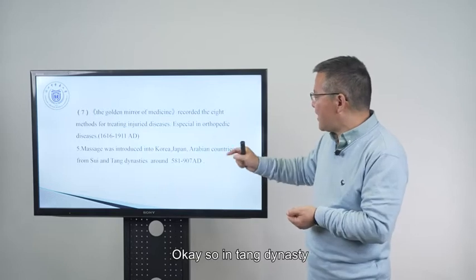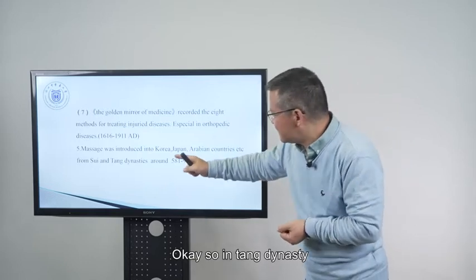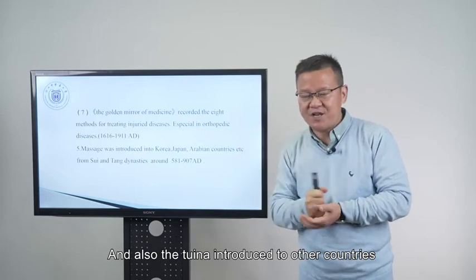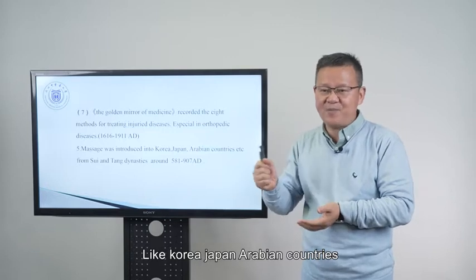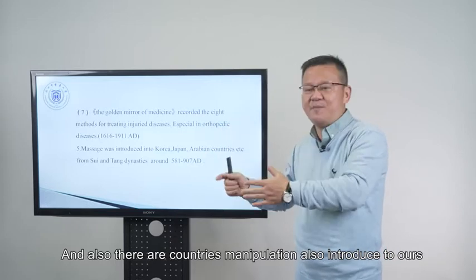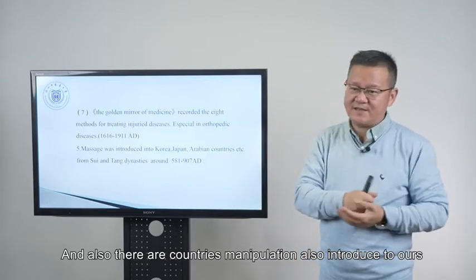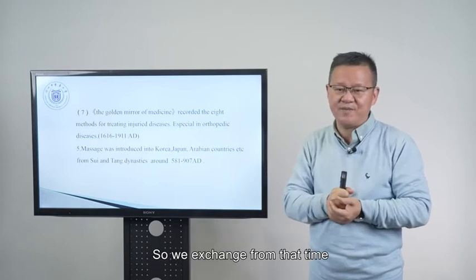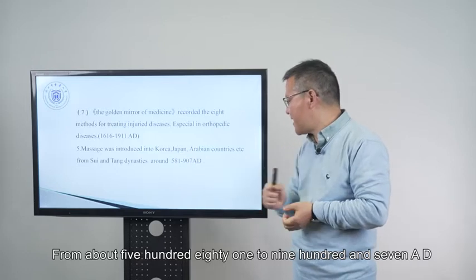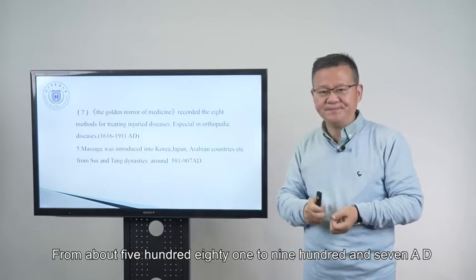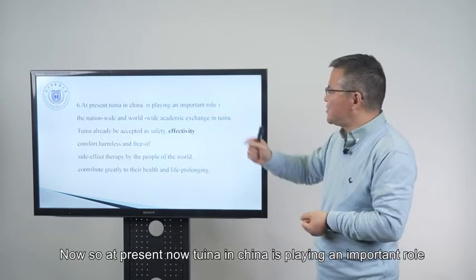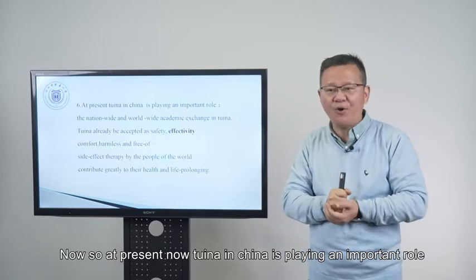Okay, so in the Tang Dynasty, Tuina was also introduced to other countries, like Korea, Japan, and Arabian countries, and their countries' manipulations were also introduced to ours. So we exchanged from that time, from about 581 to 907 AD. At present, Tuina in China is playing an important role.